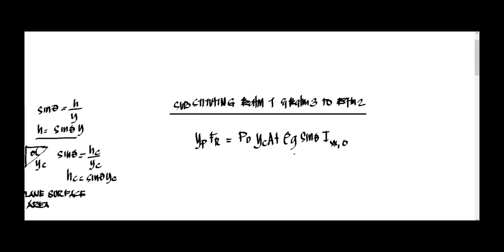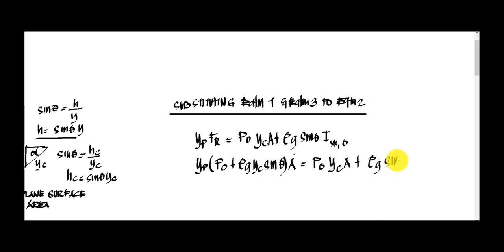So expanding our equation, so we have now your yp, then it is multiplied by the value of your fr, which is your atmospheric pressure plus your density, then we have your gravity, then you have your yc, then sine of theta, then it is multiplied by a, which is equal now to atmospheric pressure of your yc, that will be times your a, plus your density, then you have your gravity, sine of theta, then the value of I, xx.